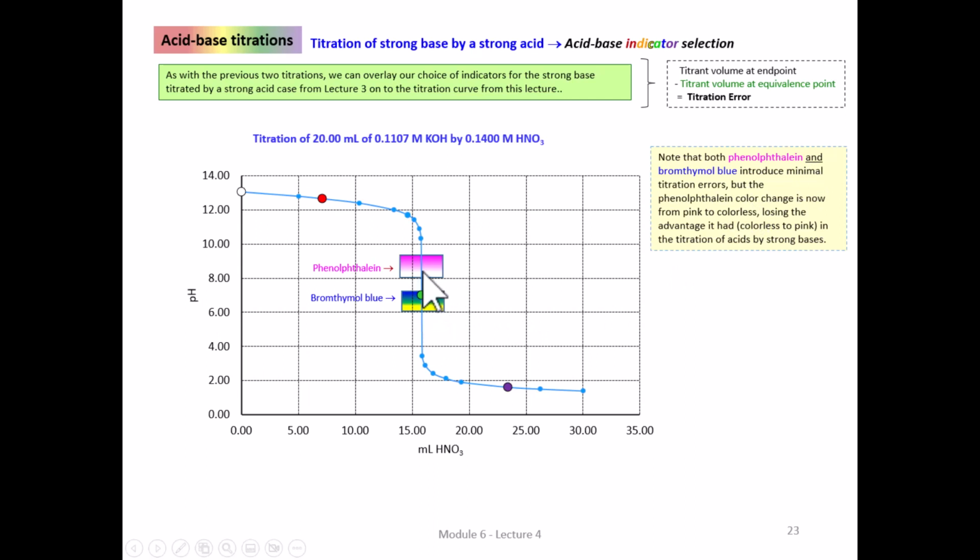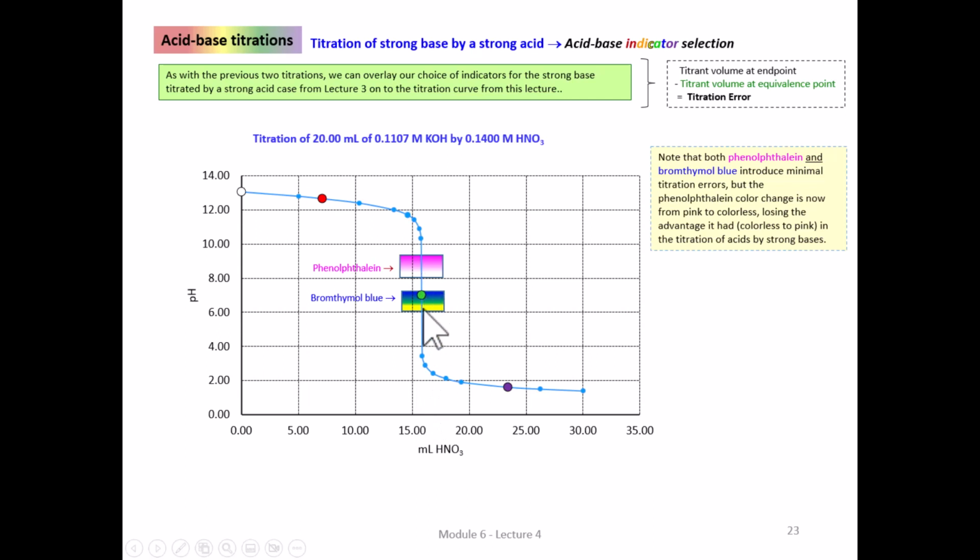And again, what we mean by that is that if you look at the middle of the transition for the color change for phenolphthalein on the steep descent and for the bromothymol blue, both of those would give values for the volume of titrant on the x-axis very close, if not pretty much identical, to the volume at the equivalence point.